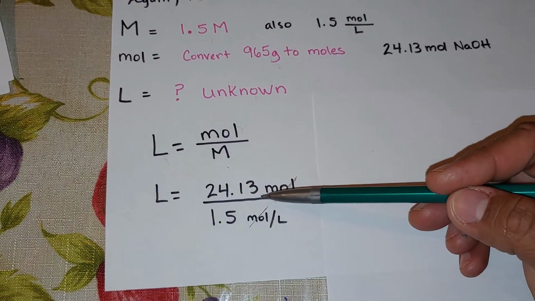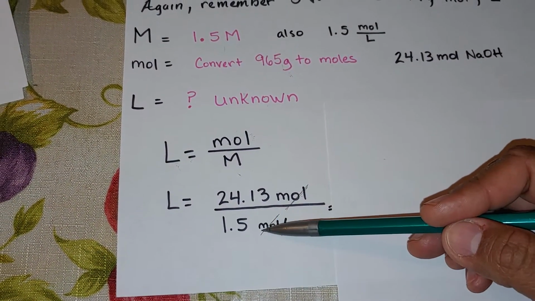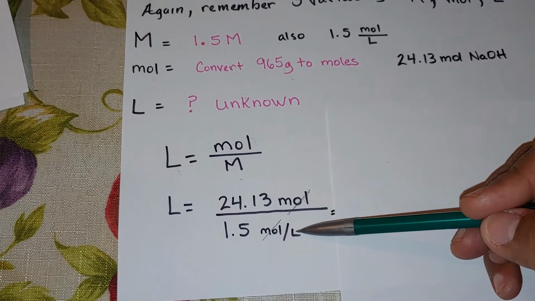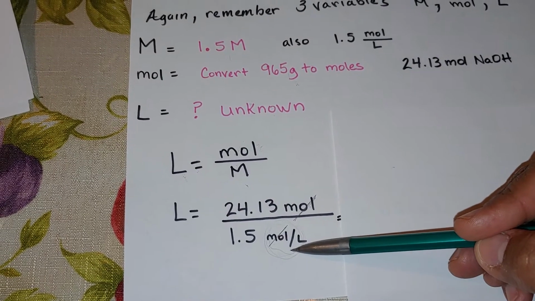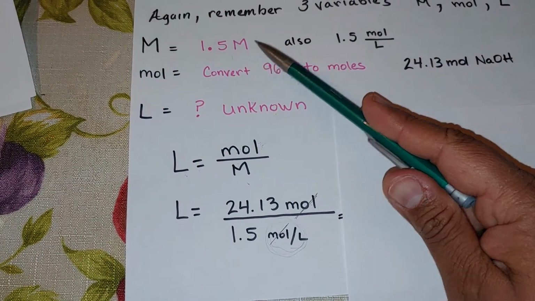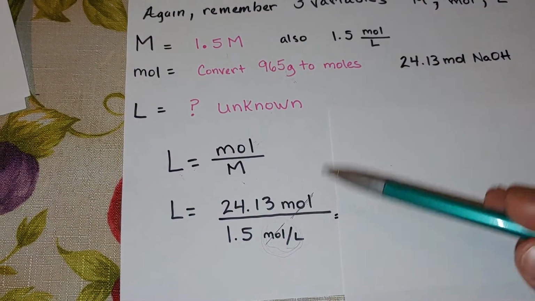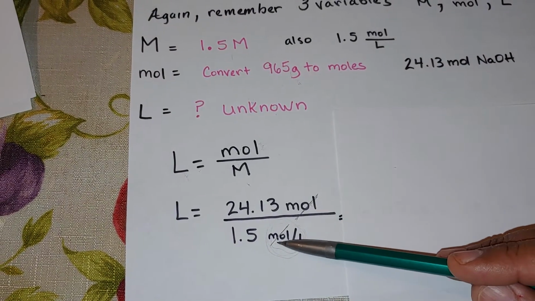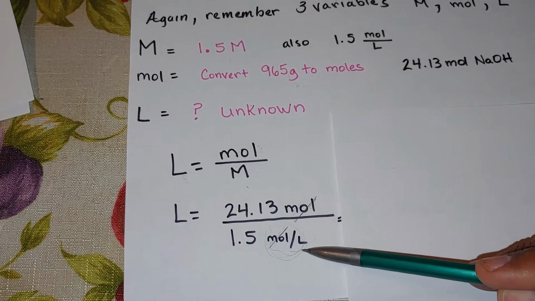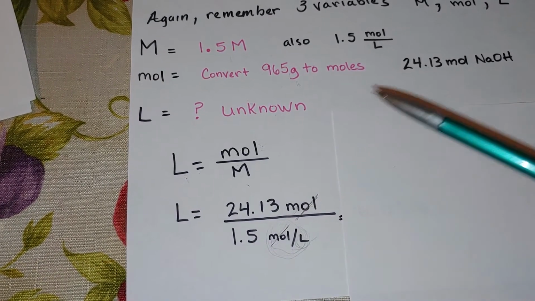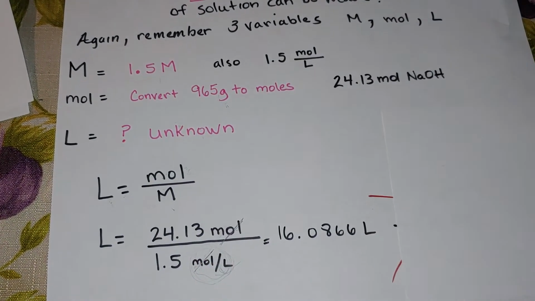So 24.13 moles divided by 1.5. Because I want to show you how this cancels, I'm not going to use the M as its unit, but rather moles per liter. When I do that, I can see that these moles cancel with these moles, and the remaining unit is liters. That's what I want in my answer.